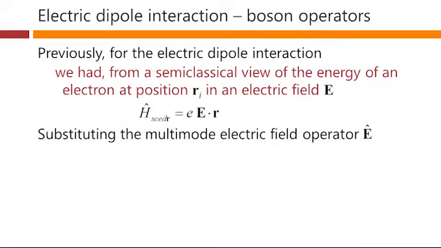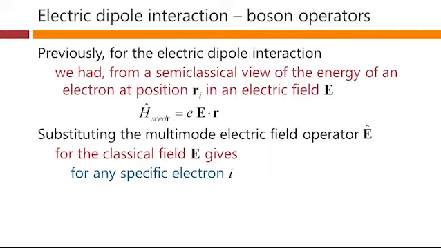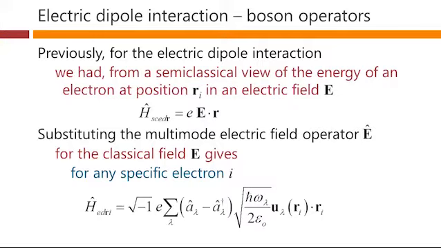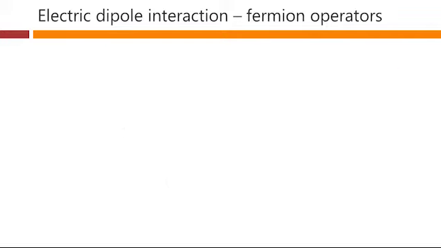Substituting now the multimode electric field operator E for the classical field E gives, for any specific electron, which we're indexing with i, this kind of Hamiltonian. So this is our electric field operator here, and here is our coordinate for the position of particle i.